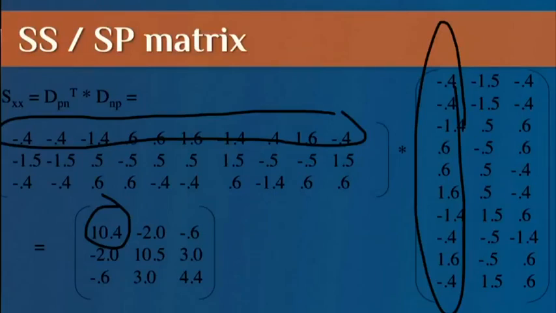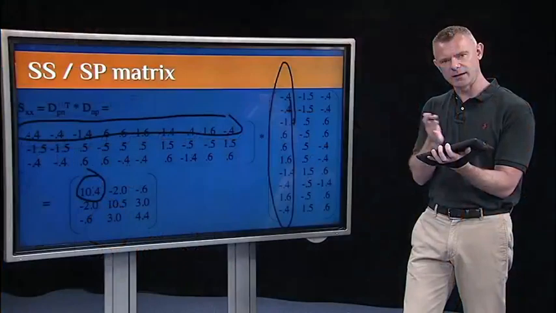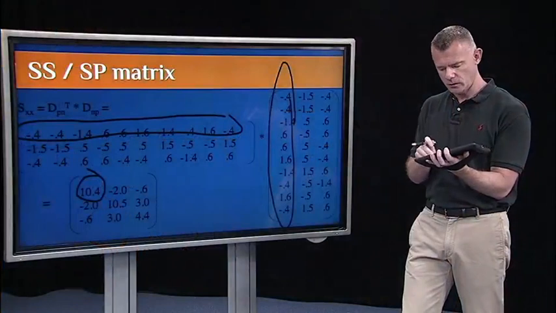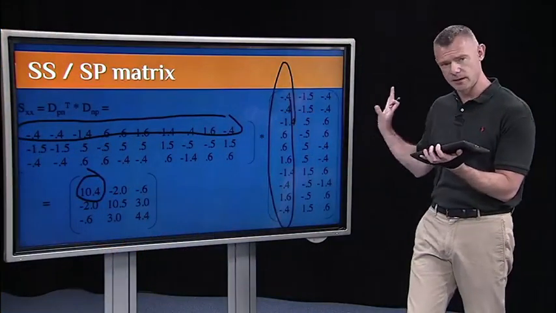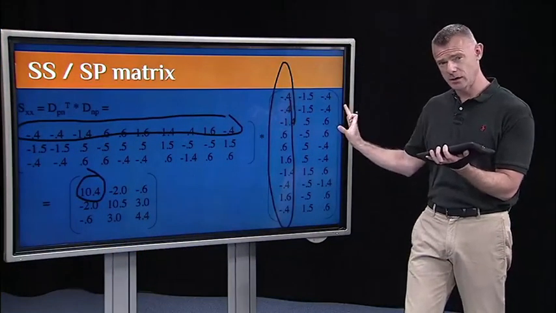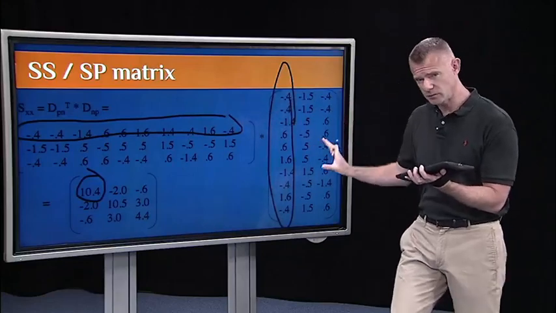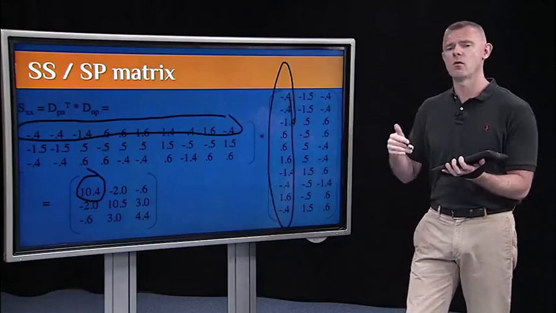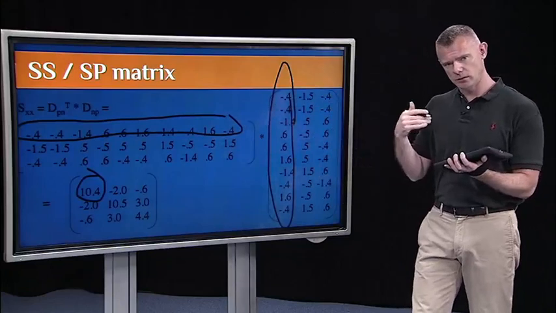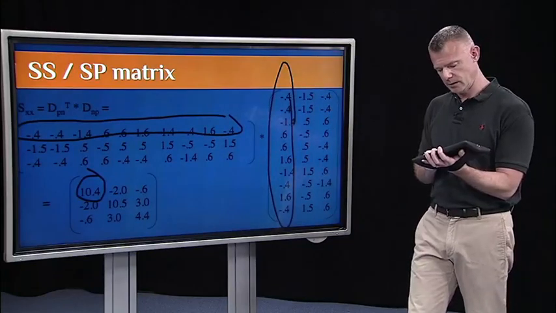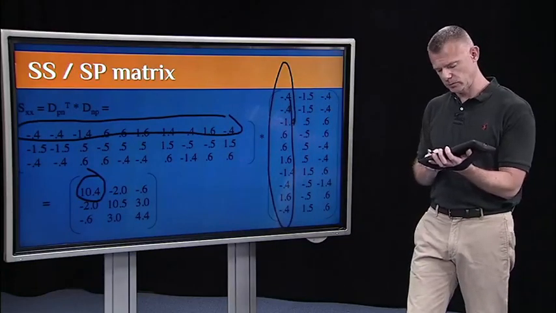Pretty cool, huh? How do I get sum of cross products? Well, it's just by doing x and y, same thing. So this is a really nice trick and a fundamental piece of statistics: in matrix algebra, there are some special matrices that correspond to really conceptually important pieces of basic stats and multiple regression.